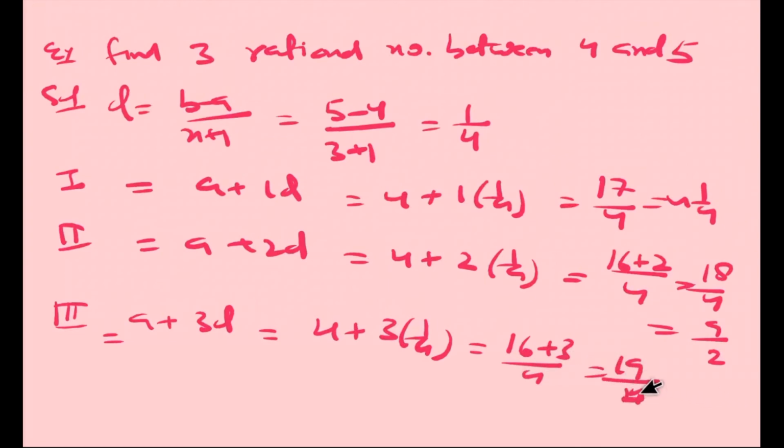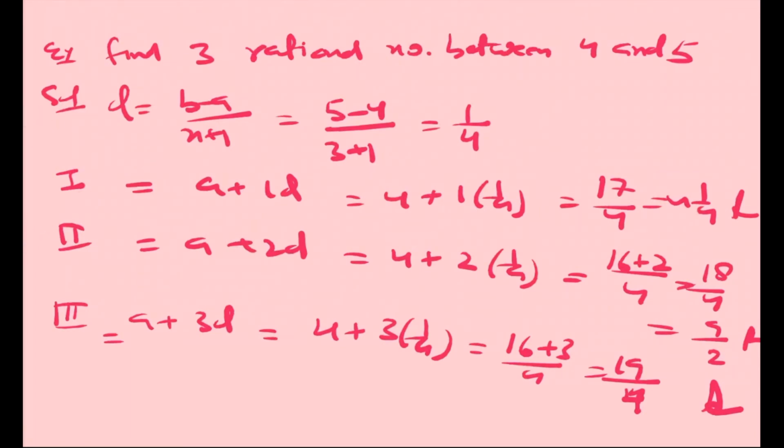This way you get these three answers. If you want to find 3 rational numbers, n equals 3. If you want to find 5 rational numbers, n equals 5.